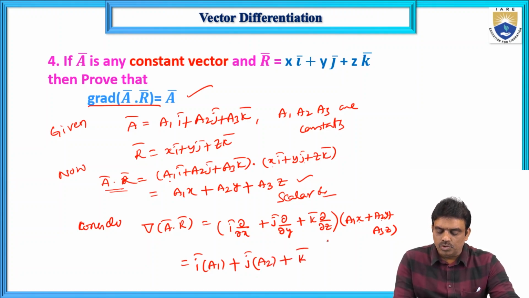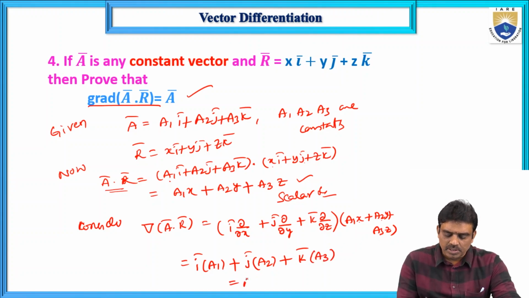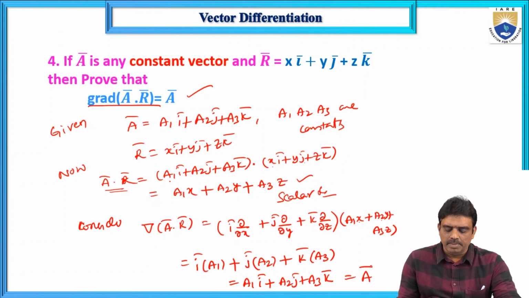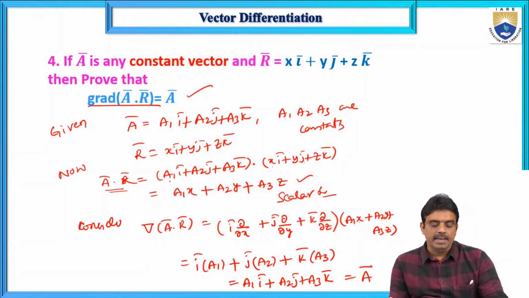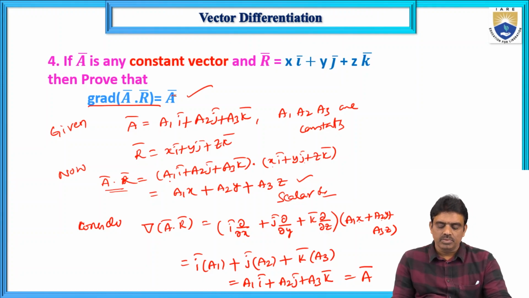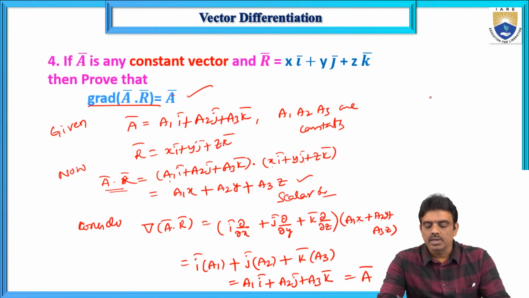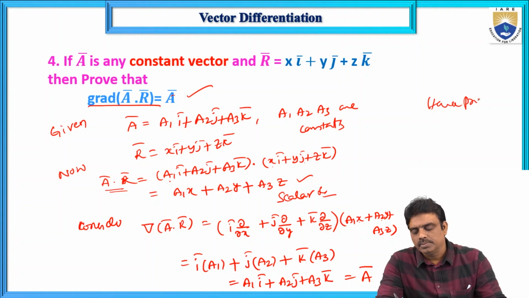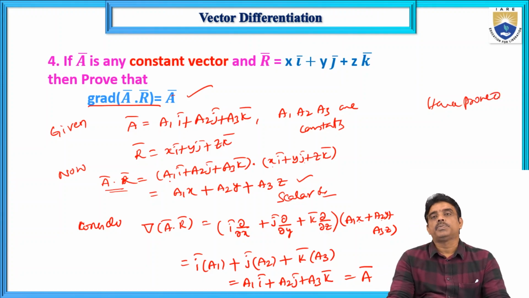Plus k bar into ∂/∂z of this one, that is equal to a3. Therefore, this is a1 i bar plus a2 j bar plus a3 k bar, that is equal to a bar. So grad (a bar dot r bar) is equal to a bar. Therefore, hence proved. Hence the theorem is proved.